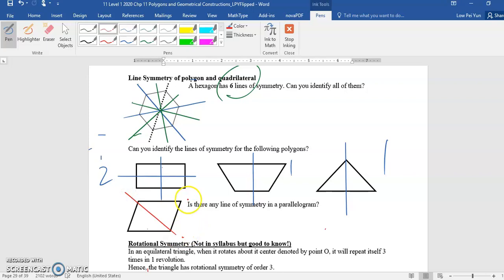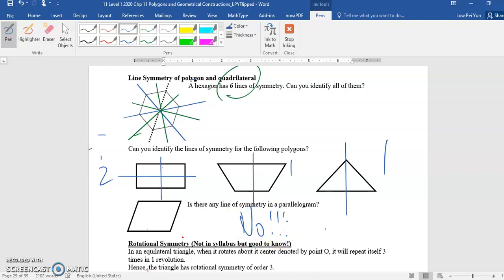What happened? If I have this image, it should be reflected somewhere here. If you fold this paper, it should be reflected somewhere here. But there is none over there. So a parallelogram, in this case, this one, has no line of symmetry.